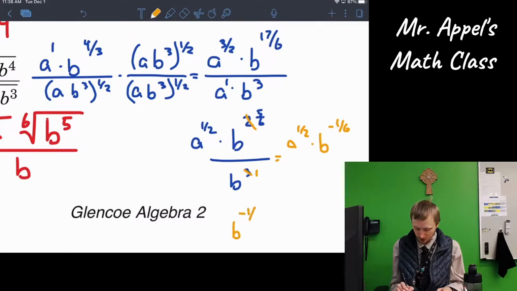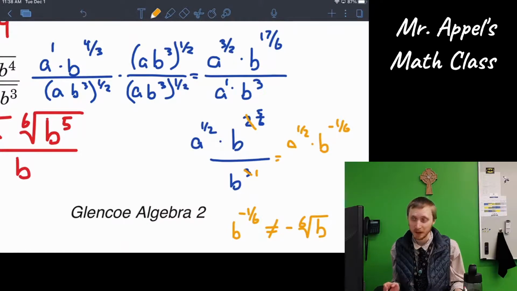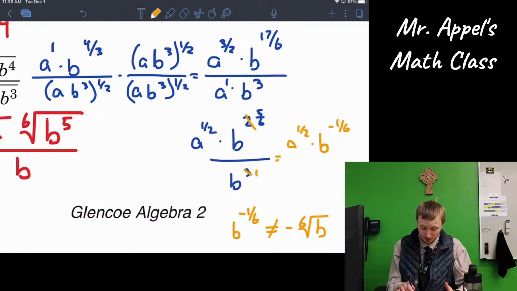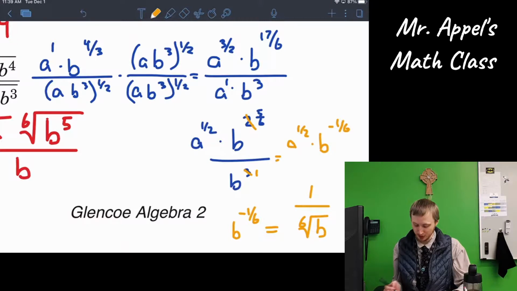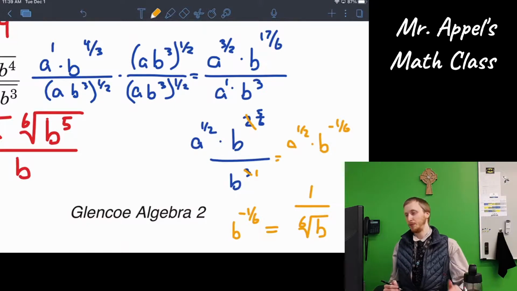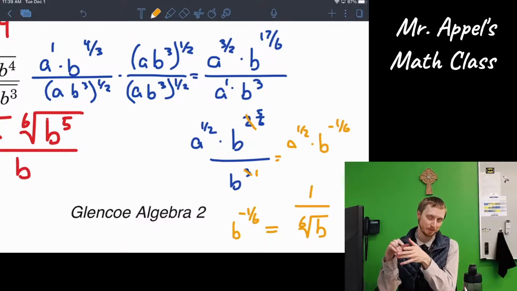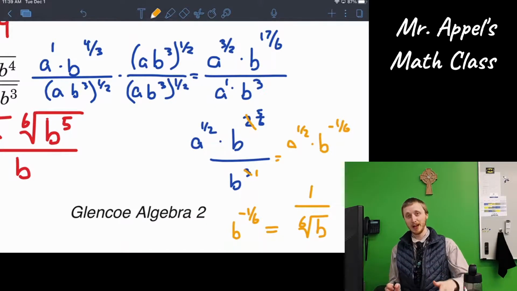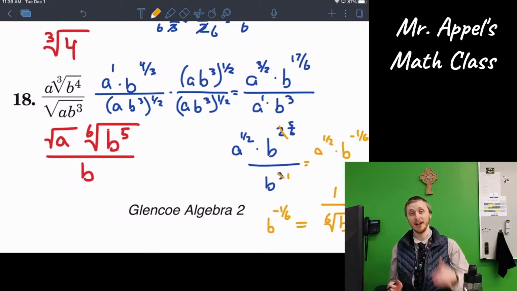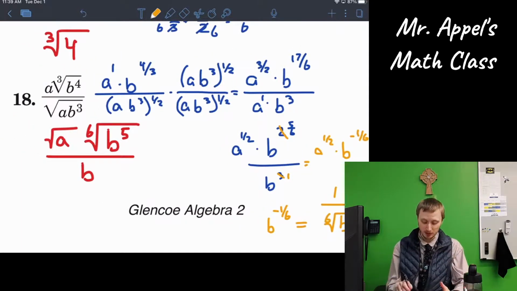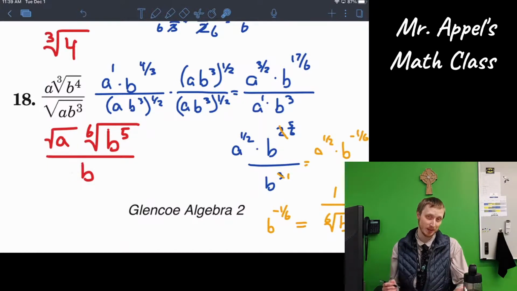B to the negative 1 sixth is not equal to negative 6th root of b. Okay, it's just not. The negative exponent means it goes in the denominator. But the whole point is we were trying to get the radical out of the denominator. So in order to have no radicals in the denominator and thus no negative exponents shown, we have to leave b listed there twice. That's why they do that.